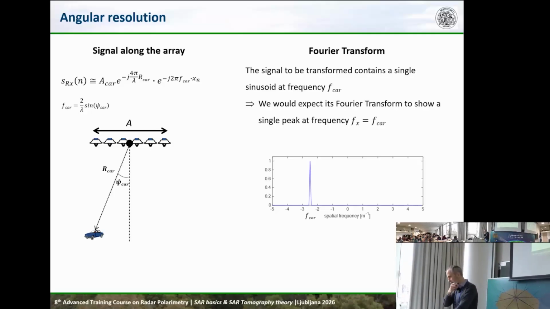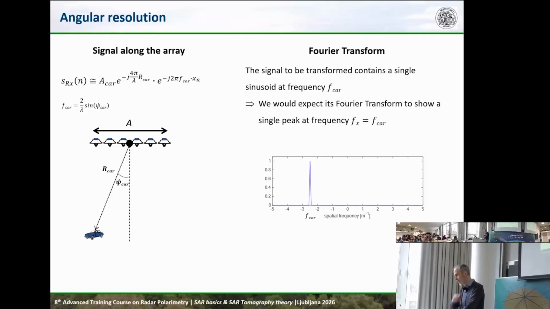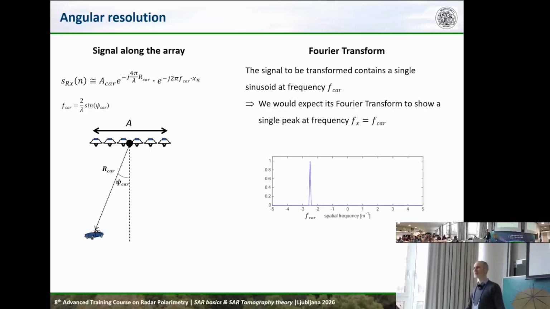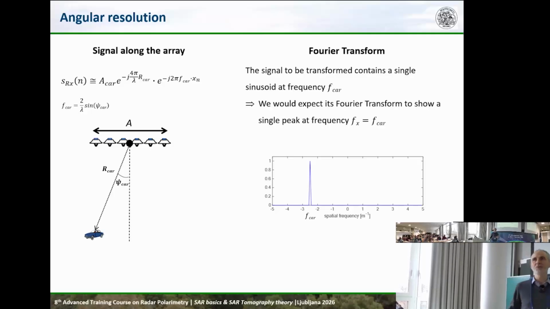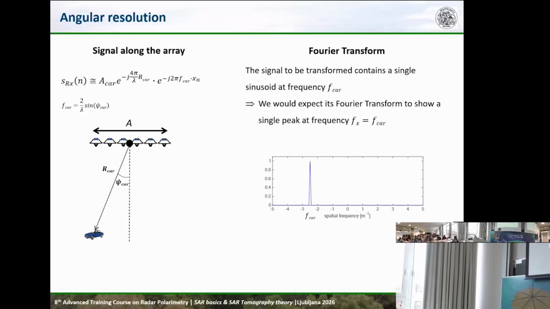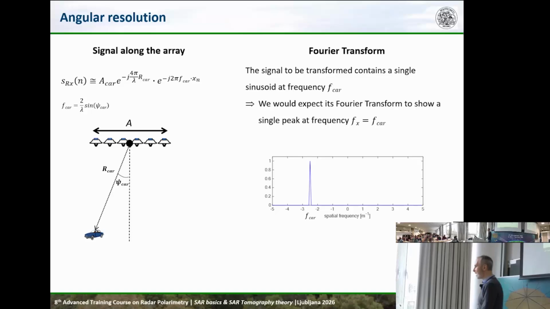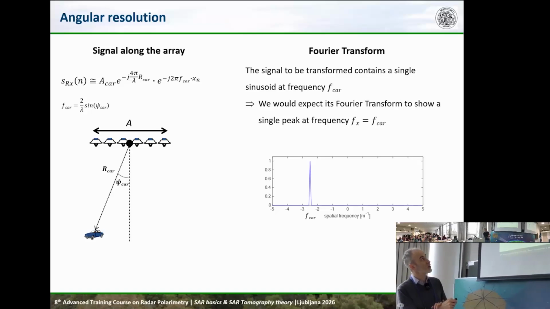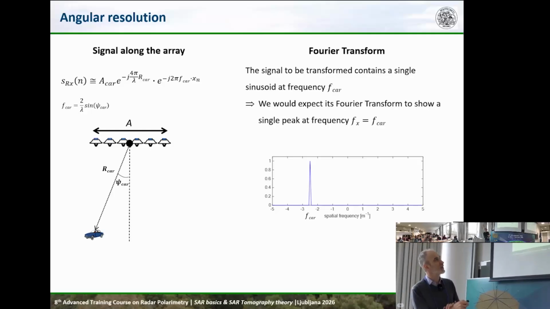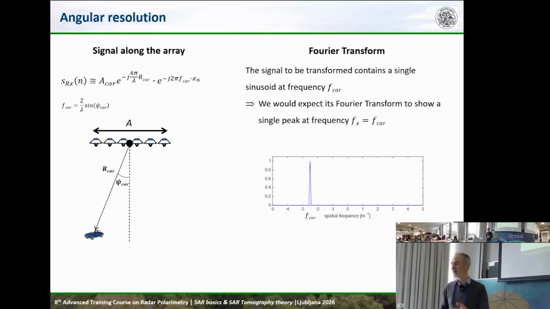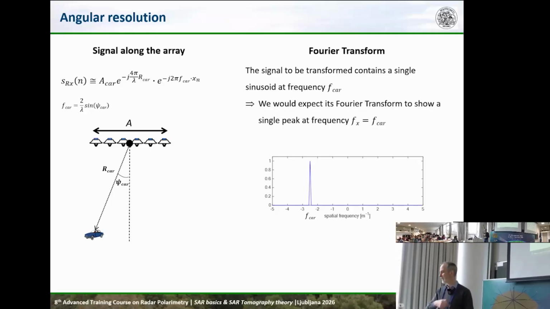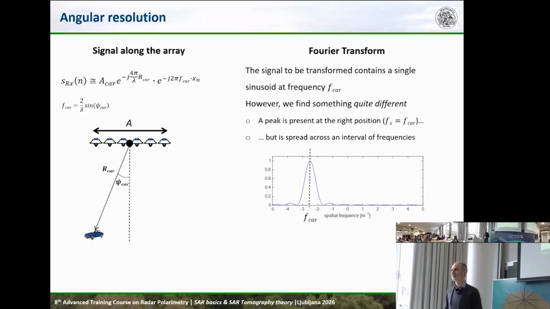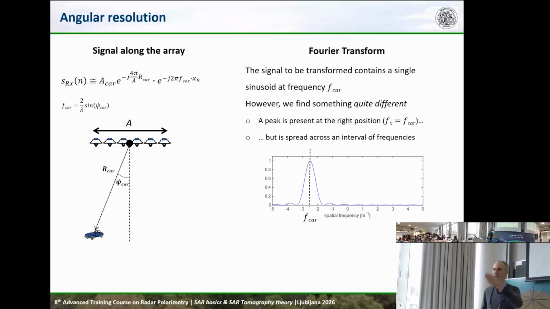Actually, now, this slide's title is Angular Resolution. So where is resolution here? We need to put resolution into the picture. And actually, let me tell you that this is not what we actually find. What we actually find is something a bit more complicated. This is what we find. We do not find a sharp peak.